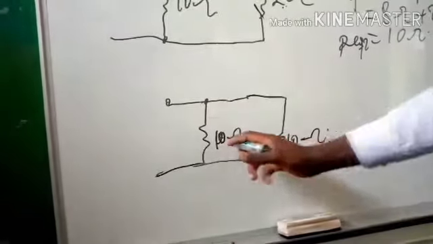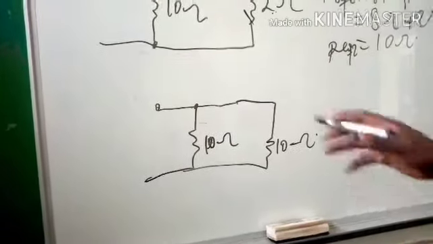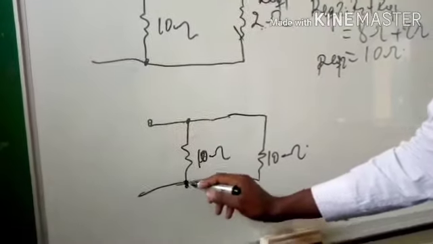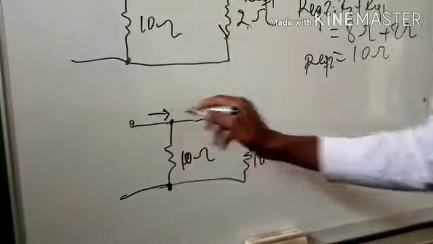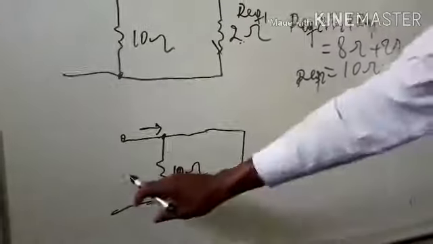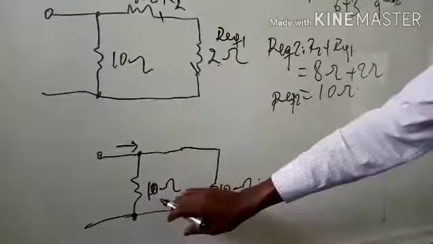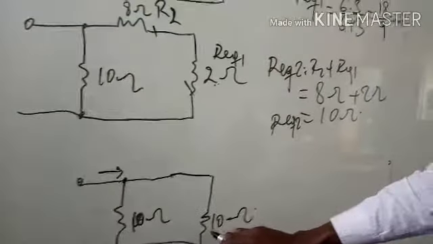This and this, we see that they are in parallel, because here there is a node, so they will share different current but the same voltage. So how will we find this R equivalent between these resistances?